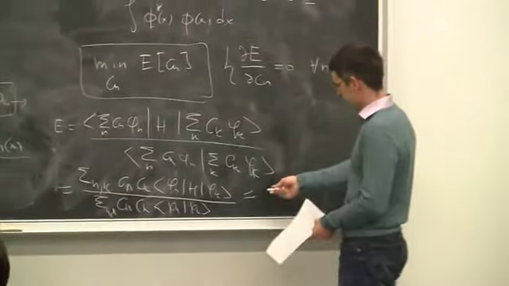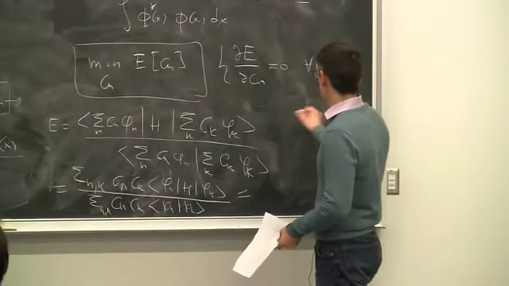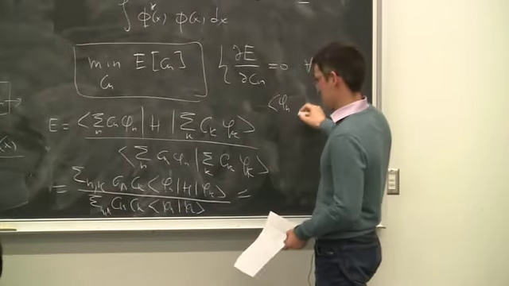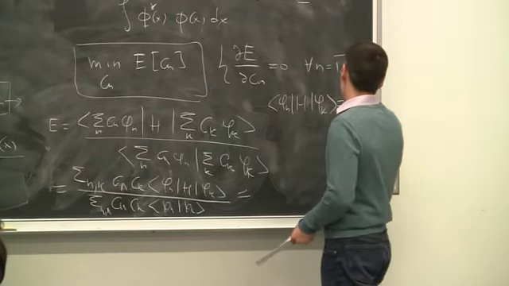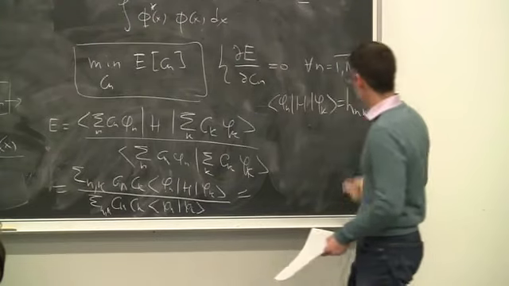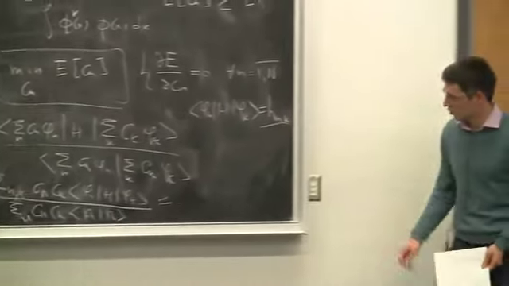I will, just as a short notation, instead of this, just say Hnk. This is the matrix element of the Hamiltonian.